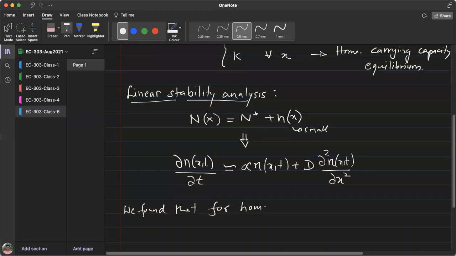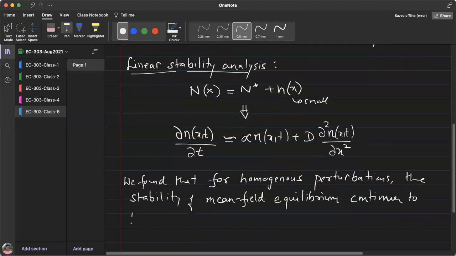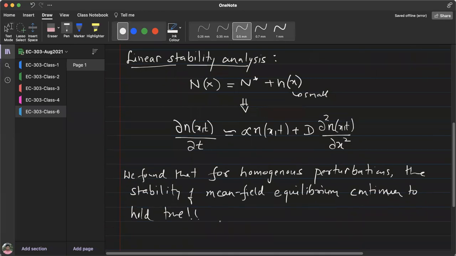For homogeneous perturbations, the stability of mean field equilibrium continues to hold true. Right? So that was a nice result, although fairly trivial.